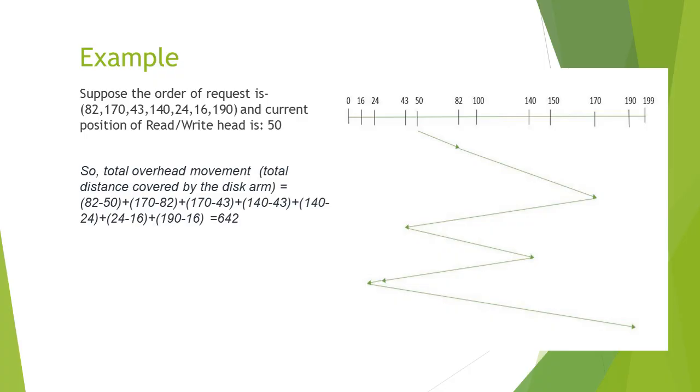That is calculated as: from 50 to 82, the distance is 82 minus 50; the next distance is 170 minus 82; similarly from 170 to 43 it is 170 minus 43; then 140 minus 43, and so on.